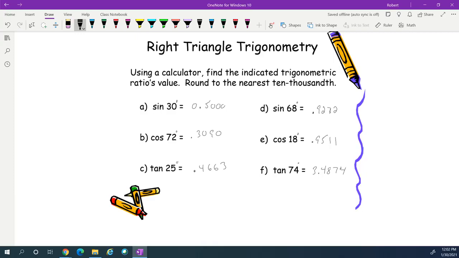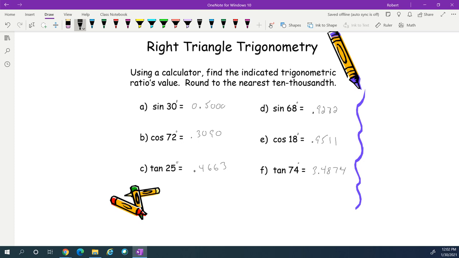Okay, notice we did not say 4 digits, we said 4 decimal places, 10,000ths place. Tangent, out of sine, cosine, and tangent is the only one that could have a whole number representative, meaning a ones digit. A 1, a 2, a 3. Sine and cosine will always be values between 0 and 1.